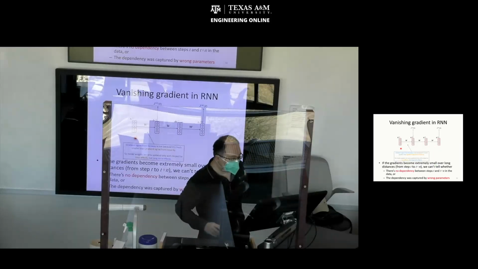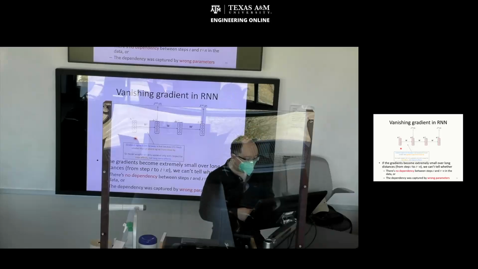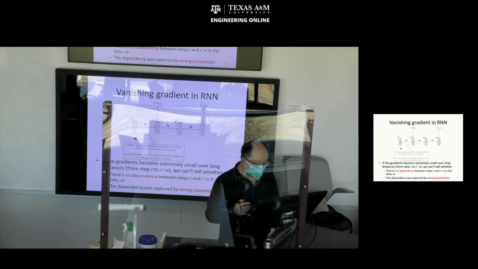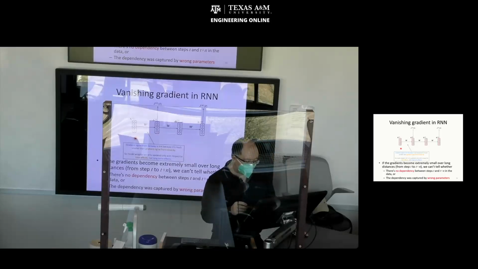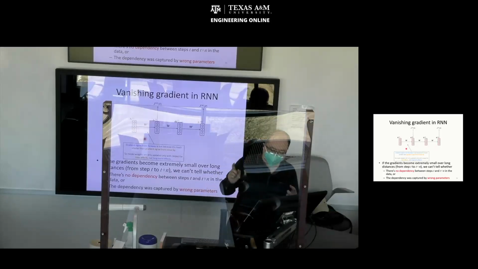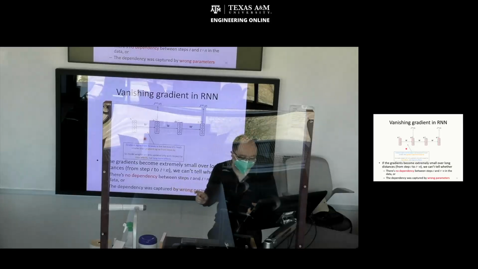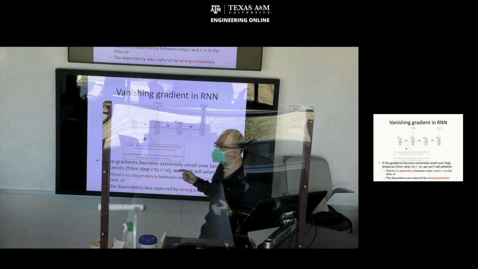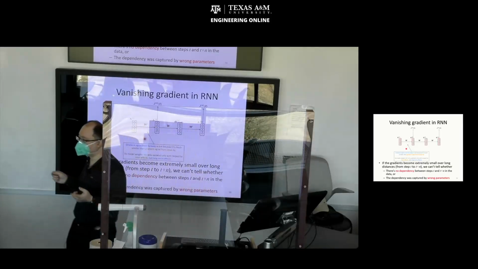So if the gradients become extremely small over long distances, then we cannot tell the difference between two scenarios. One scenario is that we calculate the gradient and it's small and it's correct.